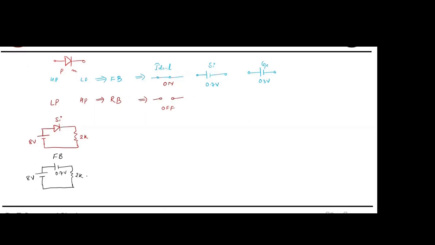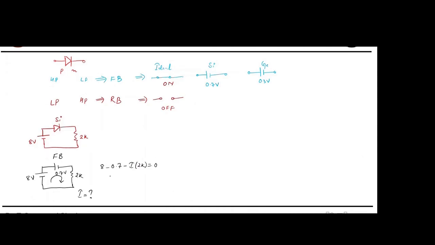Now, if you are asked to find the current, can you find it? Just use the KVL. Can someone tell me the KVL equation if you go in the loop like this? Plus 8 minus 0.7 minus 2K into I. From here you can find this one.